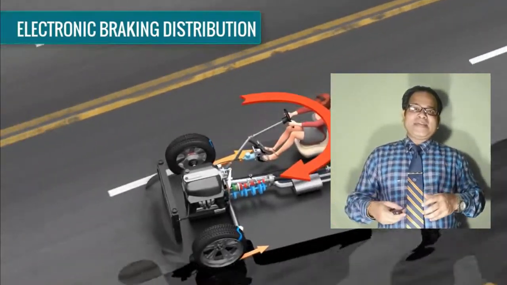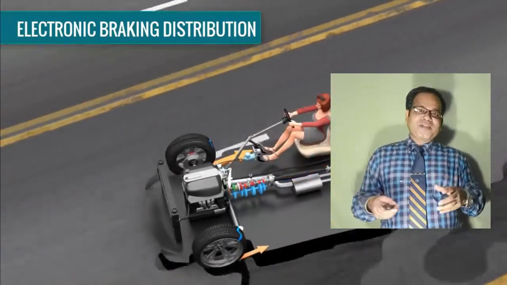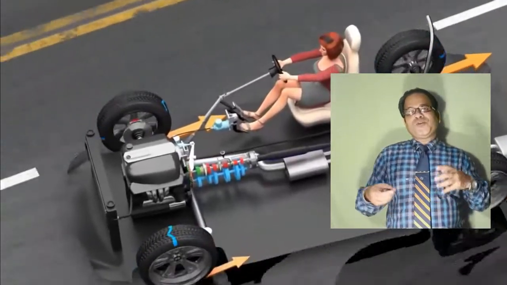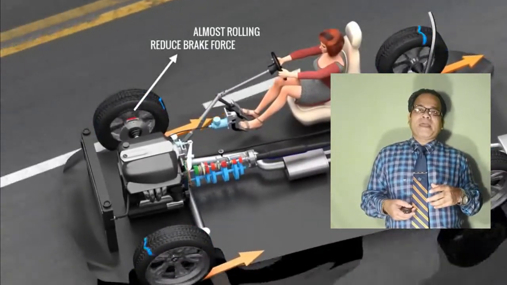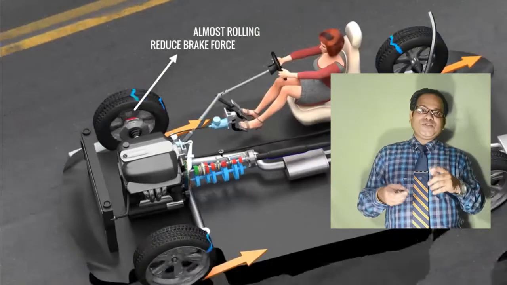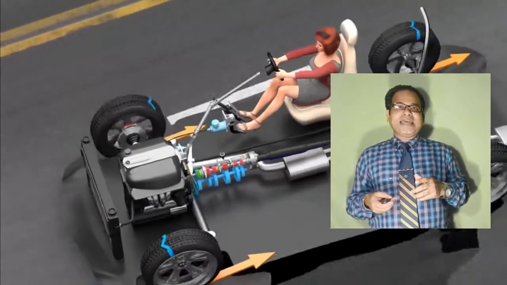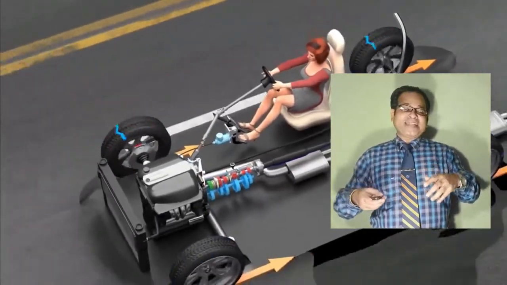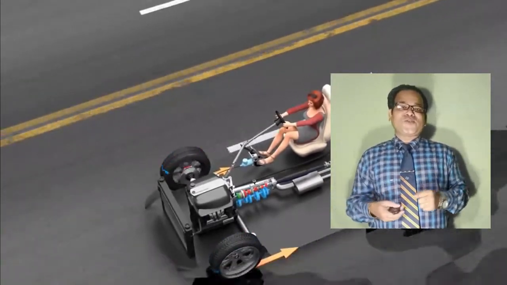EBD reduces the slip just by reducing the brake pressure on the wheel with high friction. By reducing the friction for that wheel, it will keep the torque and the wheels of the car under control.